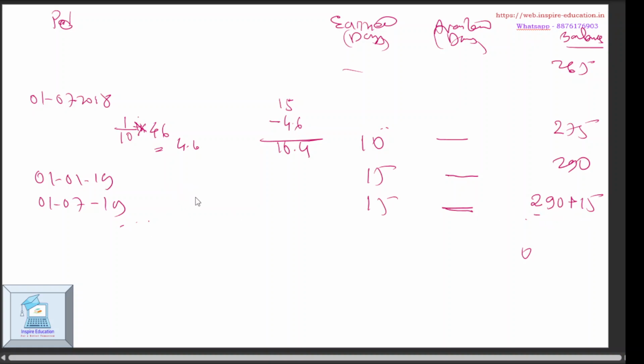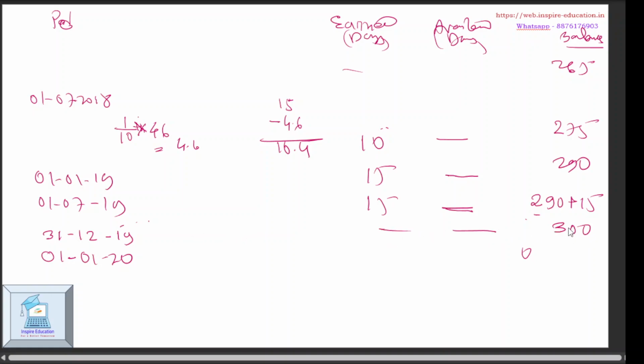While crediting on next half year, that is on 1/1/20, just one day before that, we'll write 31/12/19. We'll bring this down to 300 days, as he has not availed any leave, so we'll be giving him 300 days.